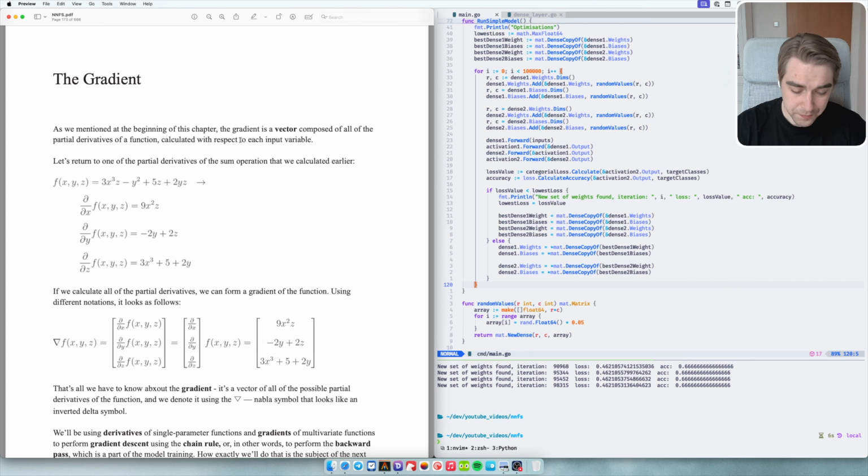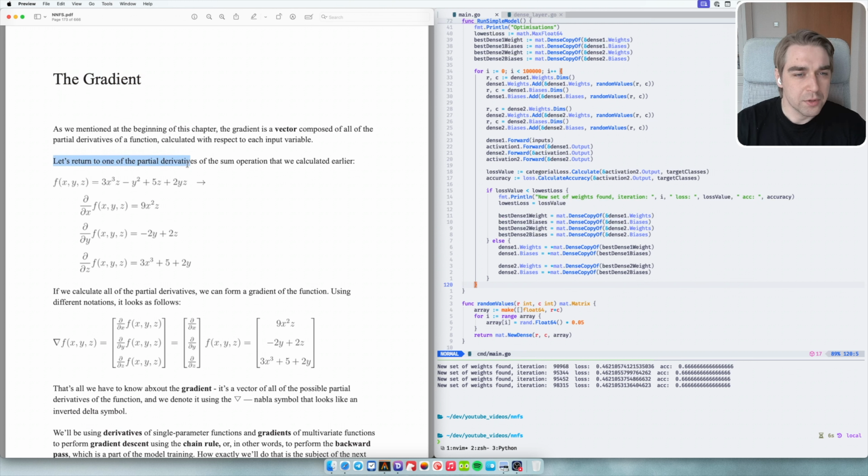Then we calculate each derivative against a concrete input one by one, and then we have a vector of these partial derivatives, and that's called the gradient.